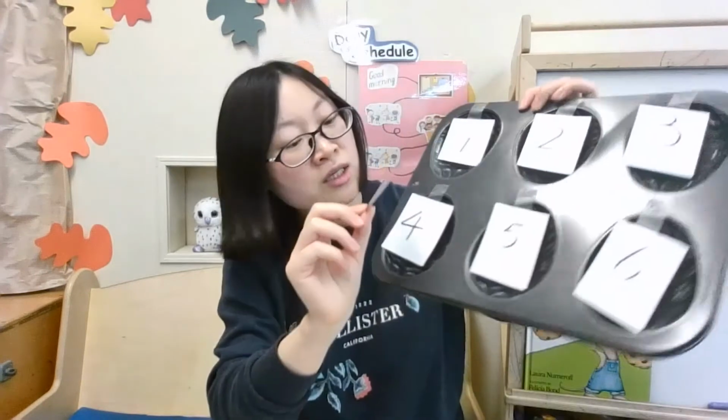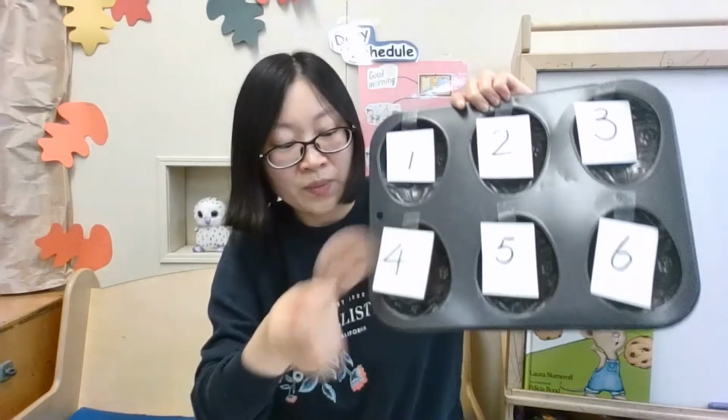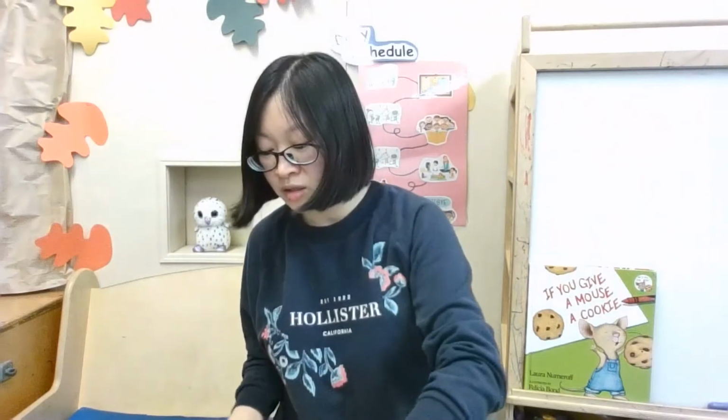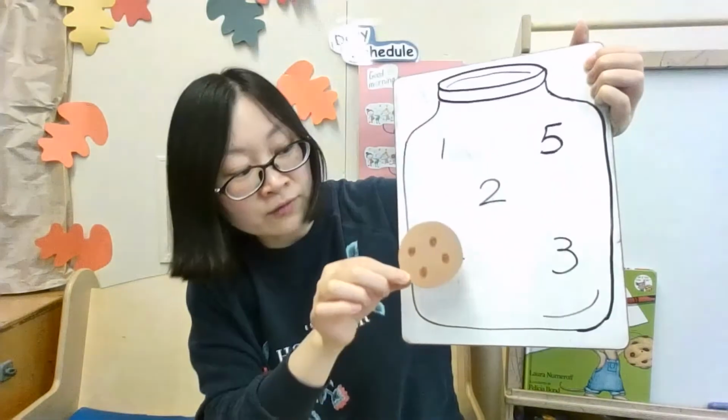Just count the chocolate chips and then match the number. Like this is 4 chocolate chips, so it goes to this place. Or you can use the cookie jar. So 4 goes to number 4.